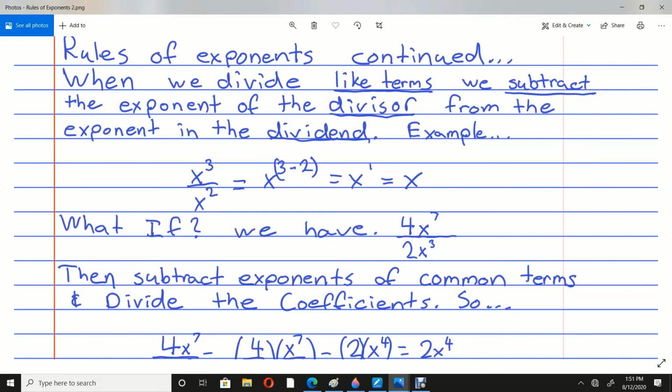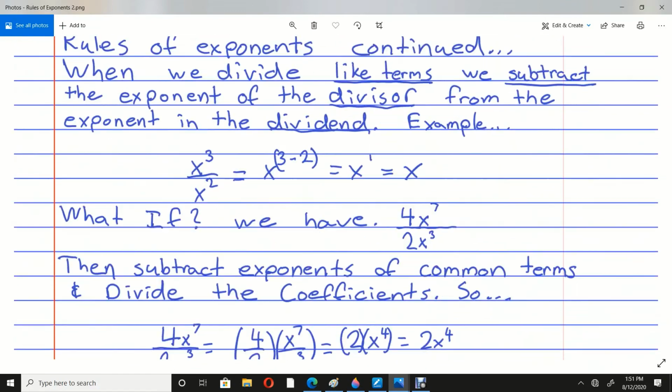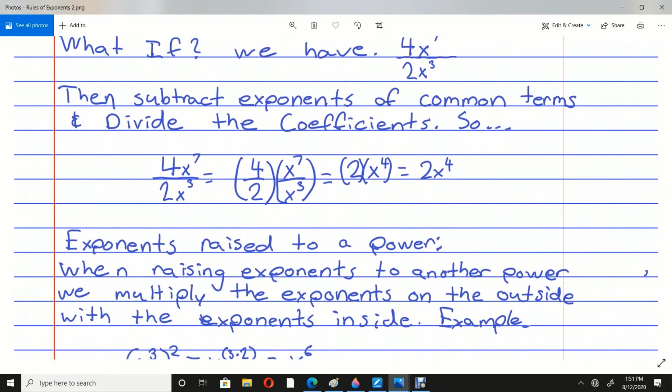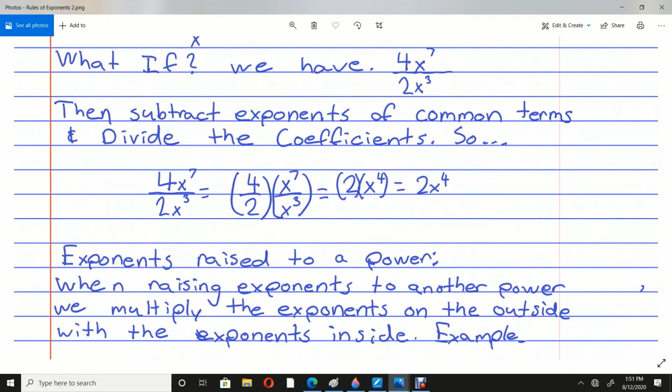Actually, let me come down here. Make sure you take all the notes. Then we can put the numerical part of each one of these terms together, and we can divide 4 by 2.